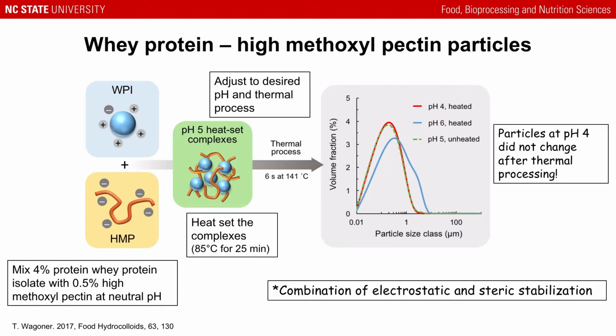We complexed them, heat set the complex, adjusted to the desired pH, and then 6 seconds at 141 degrees C is actually a pretty tough heat treatment. As you can see here, the unheated and the pH 4 were the exact same particle size. So that worked really well. That's one example. Okay? So it was a combination of the electrostatic, the charge, and the steric, the polymers pointing out in solution, preventing each other from interacting.